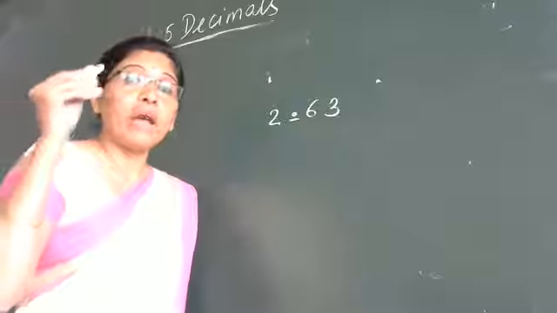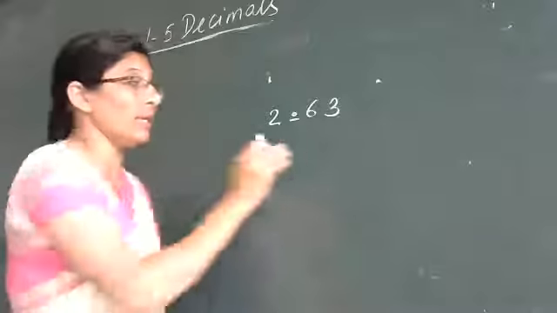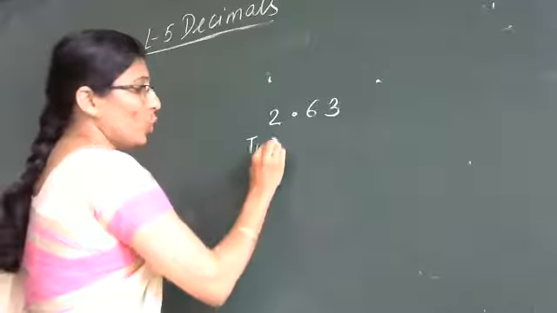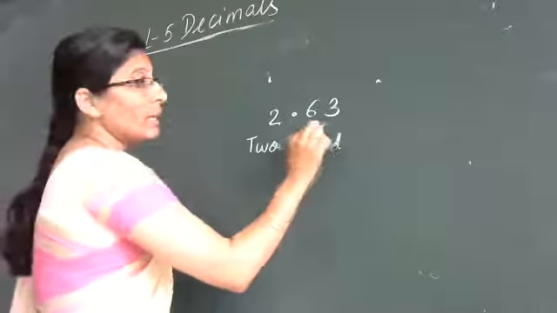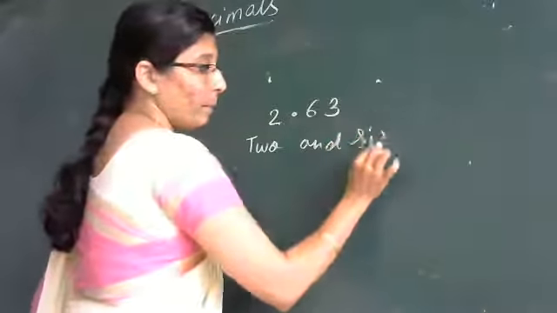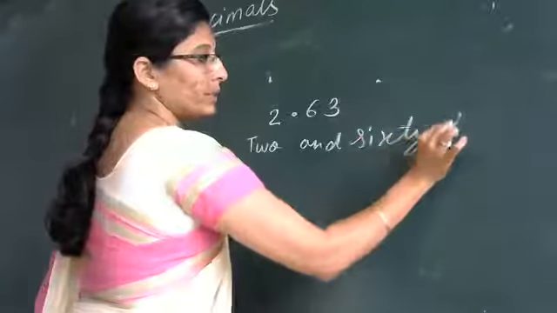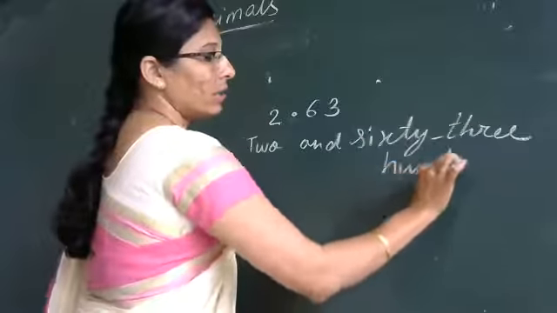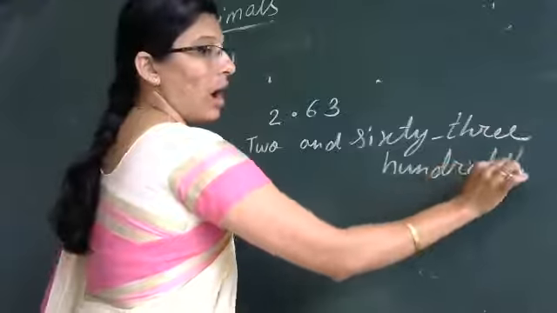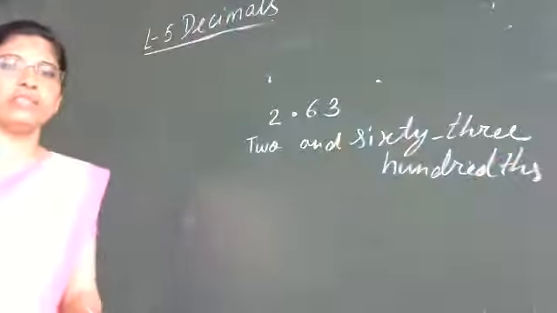But when we are writing using places, it is 2 and, instead of point, and 63 hundredths. Like this we have to write.